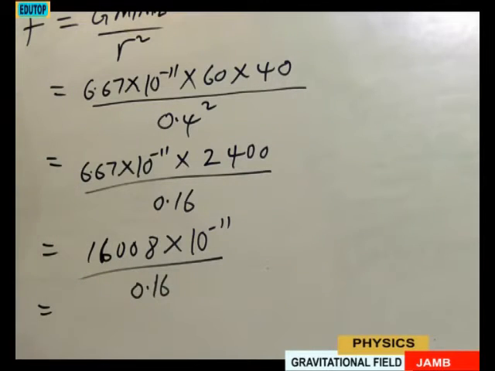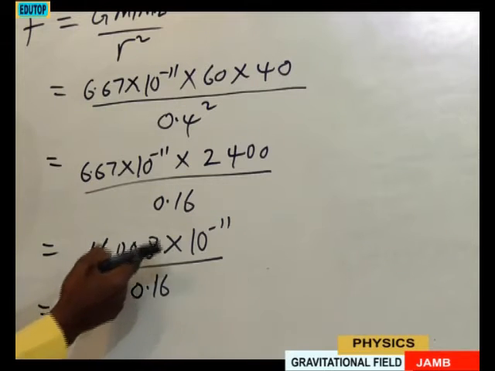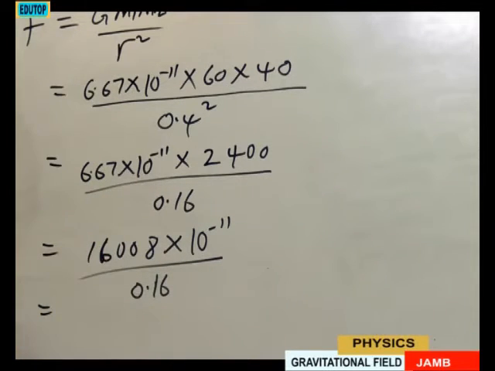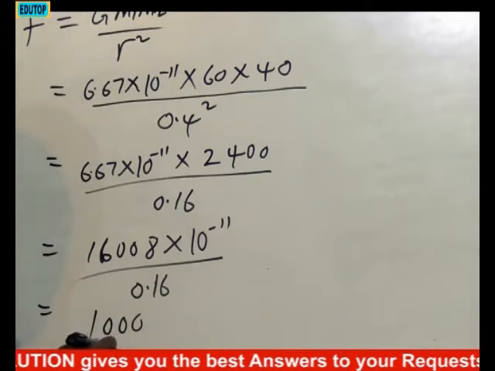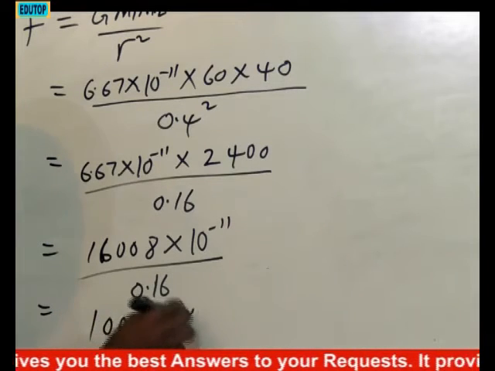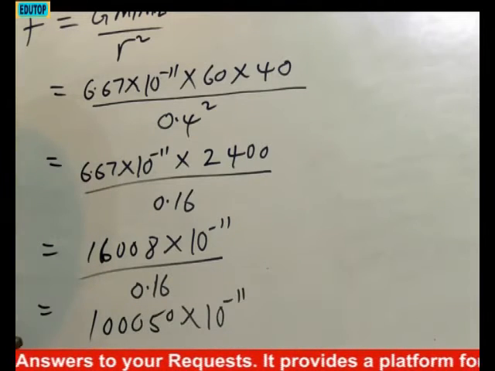And mathematically, what we can do now is to divide 16,008 by 0.16. Then, if we do that, we are going to have 100,050 times 10 raised to the power minus 11.